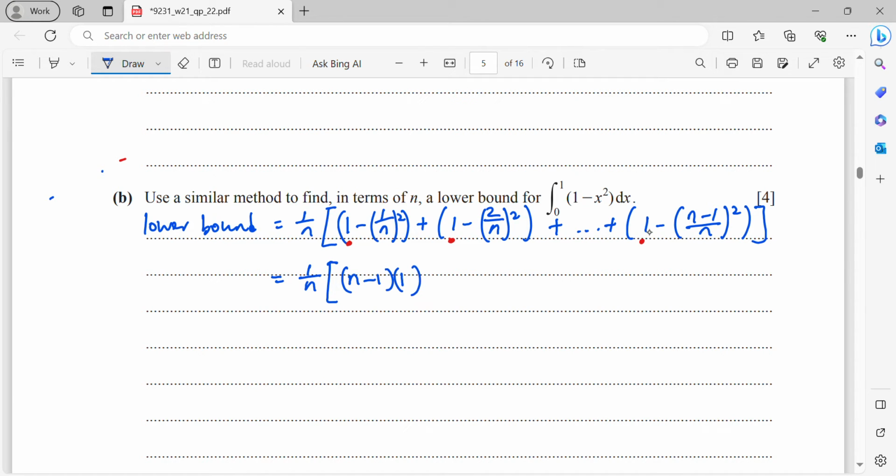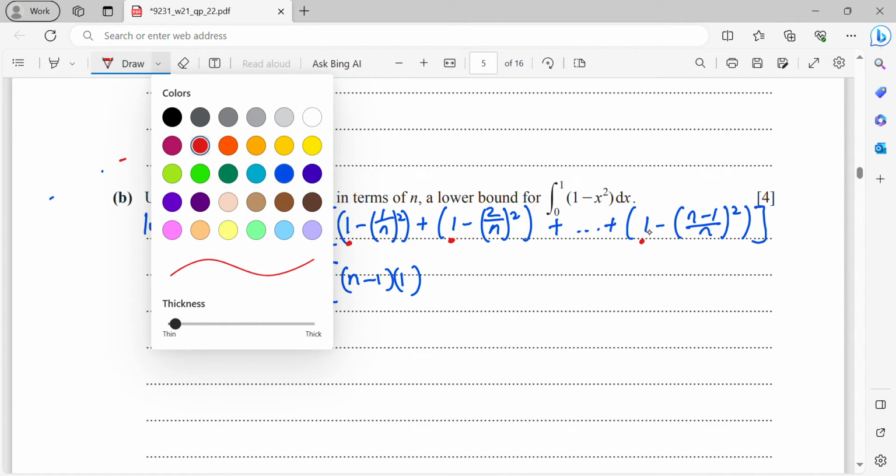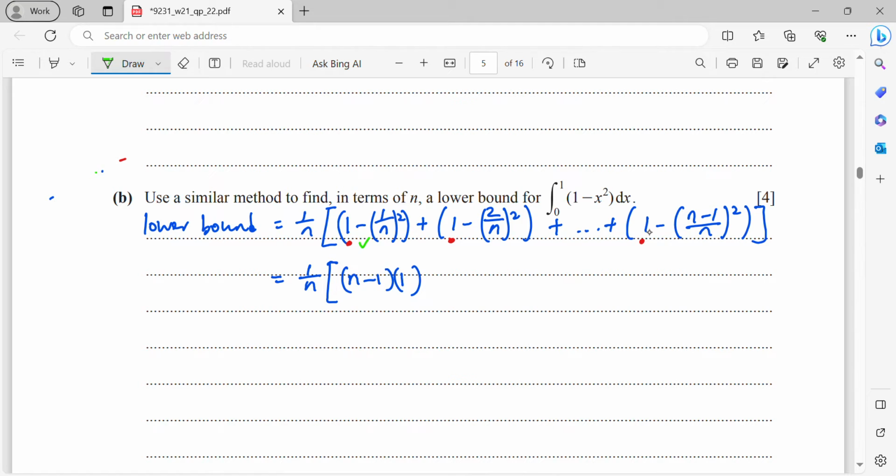Then for the rest, since the minus are in common, I will just take out the minus. So here is going to be minus. Then after that, 1 over n squared plus 2 squared over n squared plus until n minus 1 squared over n squared.